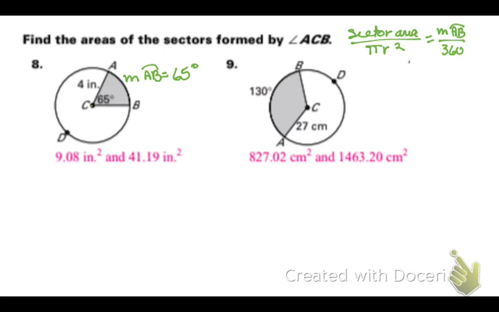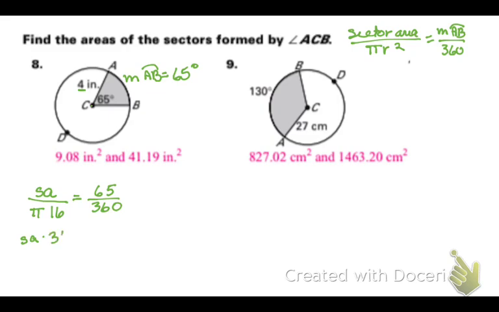So our sector area, I'm going to call it SA, over pi, and we know our r is 4, so pi r squared is pi times 16, is equal to our measure of AB, which is 65 over 360. Again, we do cross multiplication.